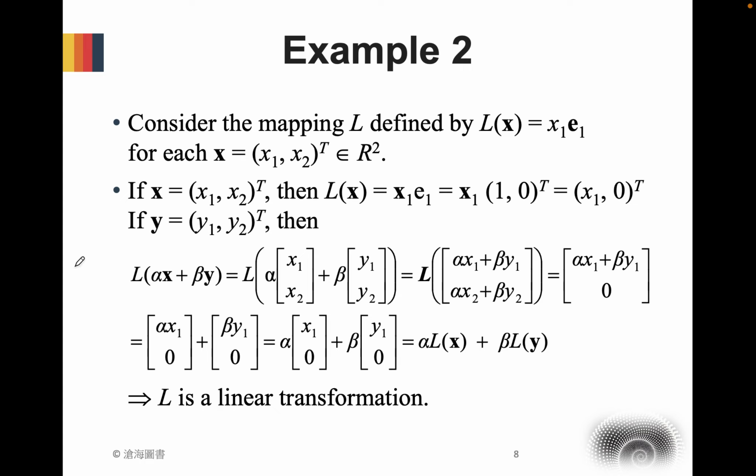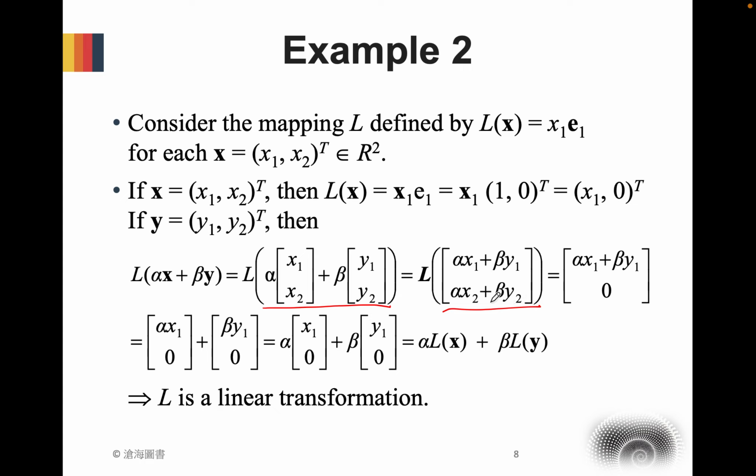Right? Okay. So now let's check if we input alpha x plus beta y, that is equal to alpha times (x1, x2) plus beta times (y1, y2). And then if we add them together, we have alpha x1 plus beta y1 and alpha x2 plus beta y2.